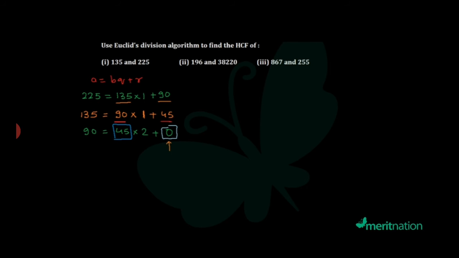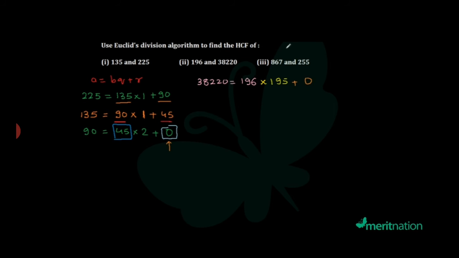For the second problem, we repeat the same process. So since 38,220 is bigger, if you divide that by 196, if you are up with your calculator, you will see that it will perfectly go 195 times, giving back the 0 remainder.